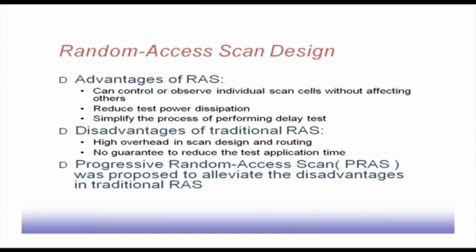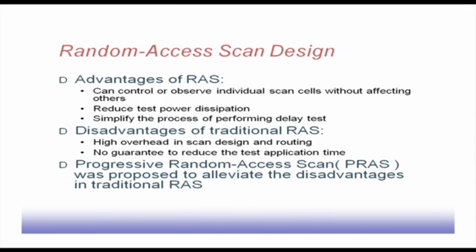If a flip flop is at level k of the chain, then only after k clock pulses will you be able to set that flip flop to the desired value. Similarly, if a flip flop is m steps away from the scan output, it will require m clock pulses to get the cell's value to the output point. That sometimes creates difficulty, because we are unable to access them randomly, and so it requires more time.